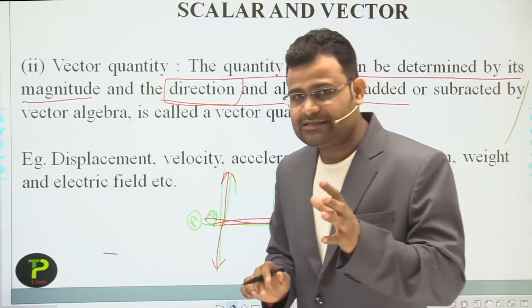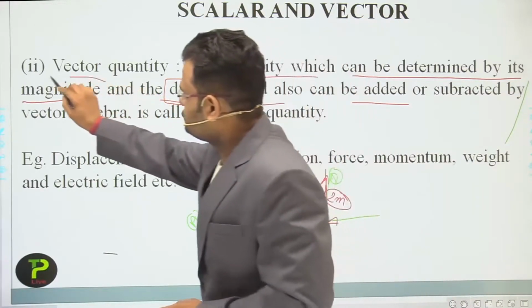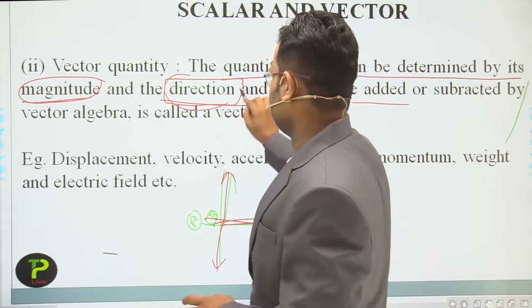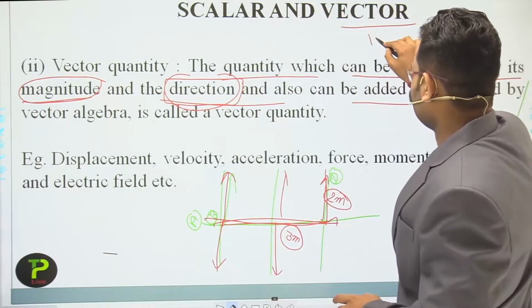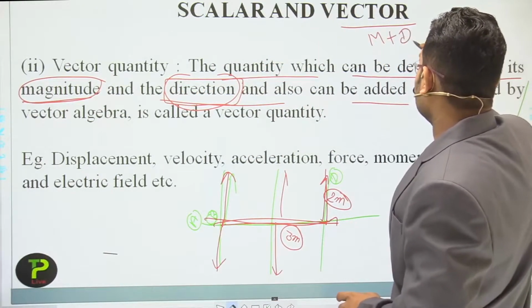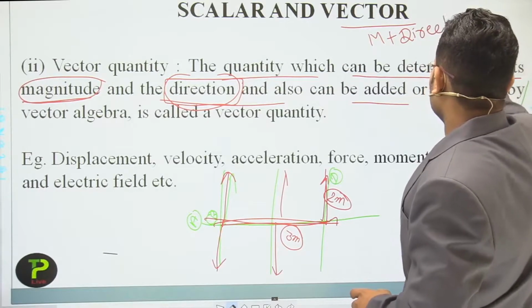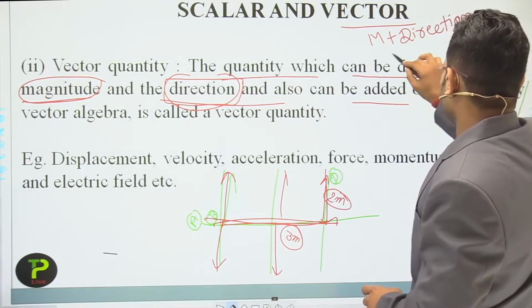It has a magnitude as well as direction. Vector quantity means a combination of magnitude and direction.